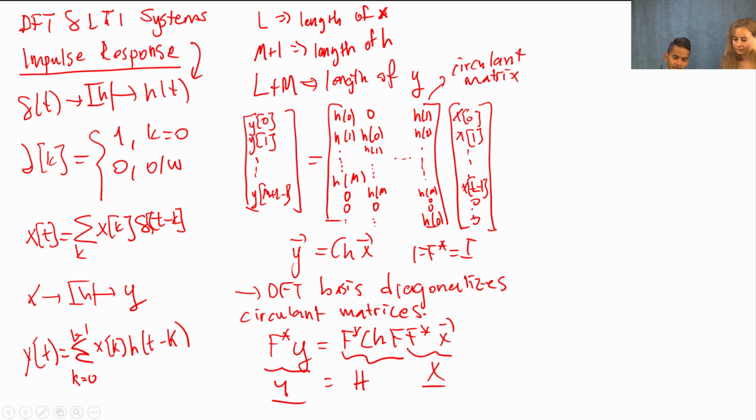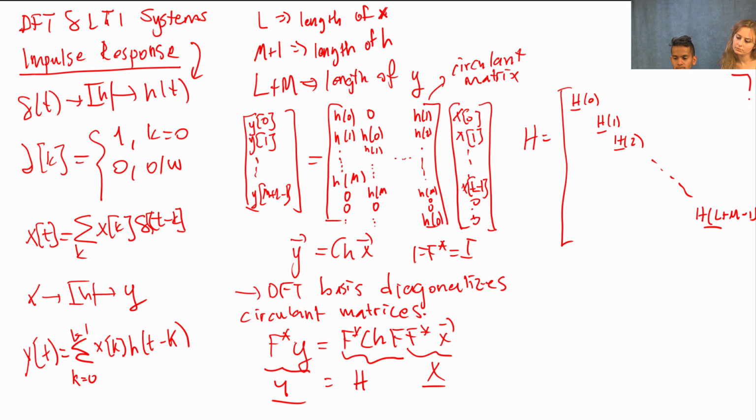So we have this matrix, y times x, and the form of this matrix is the following. What I'm going to write is h of 0, h of 1, and then all the way to h of L plus m minus 1, and then zeros in the corners.